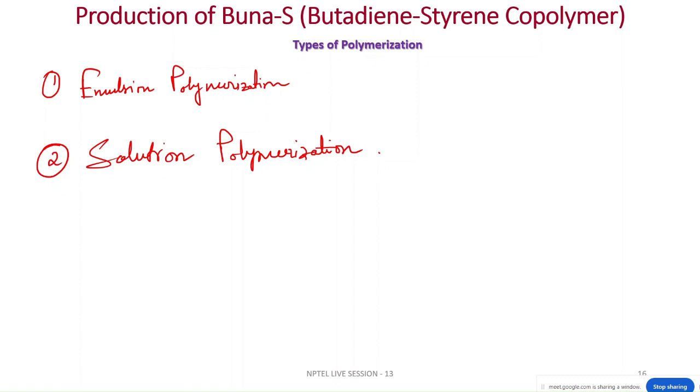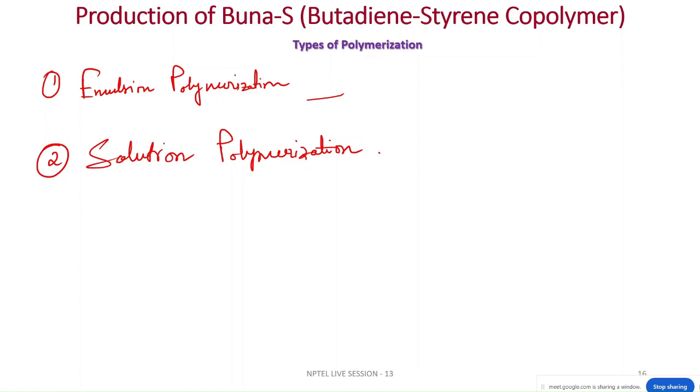In the case of emulsion polymerization, this is a kind of radical polymerization, right? It starts with an emulsion incorporating water, monomer and a surfactant or soap. This process overcomes the difficulty of heat control and low degree of polymerization.